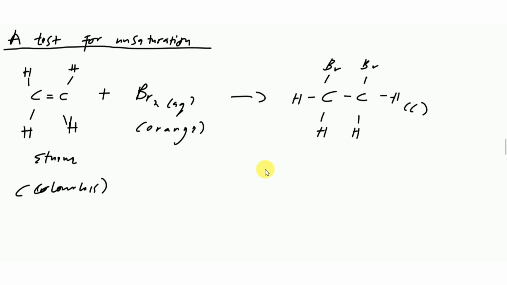You can see this compound is 1,2-dibromoethane, and this will be colorless.